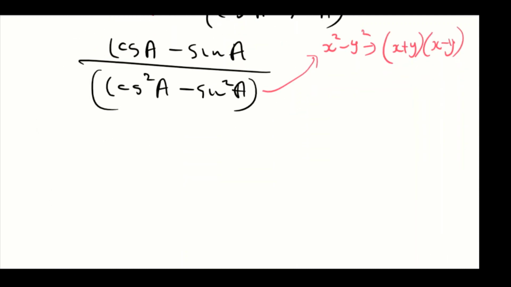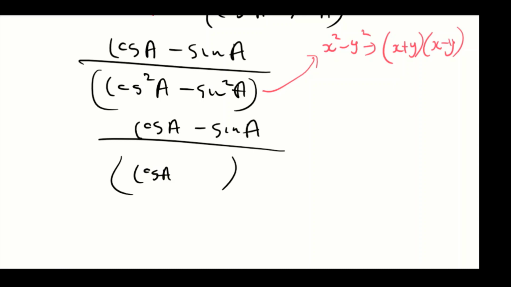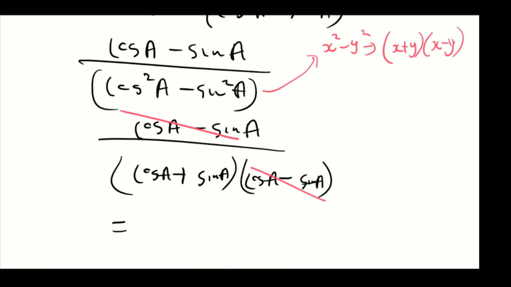So you will have cos of a minus sine of a divided by cos of a, you put the bracket there, cos of a, and then here sine of a, and it's going to be plus and minus. So the minus will divide out with this minus, and then you'll remain with 1 over cos of a plus sine of a.